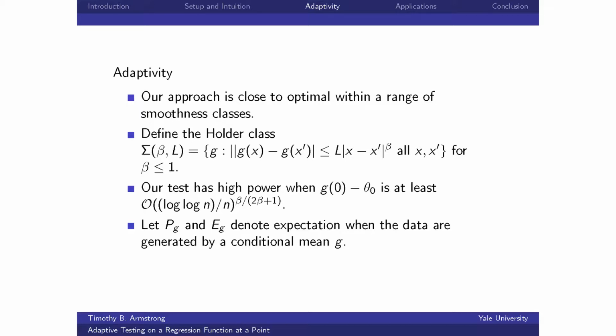In fact, we only need this at 0 basically. We're just saying that for some beta less than or equal to 1, the function is more smooth than x to the beta near 0.